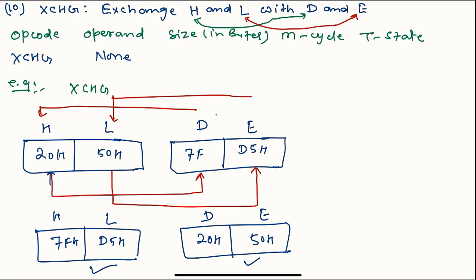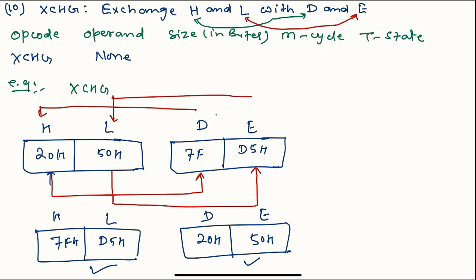It is reserved for the processor to execute this kind of instruction. First, the HL register pair content is copied into WZ, then the DE register pair content is copied into HL, retaining the HL content in WZ. Once the DE content is copied into HL, the content from WZ is copied into DE. By the end of the operation, the HL and DE register pair contents are interchanged.